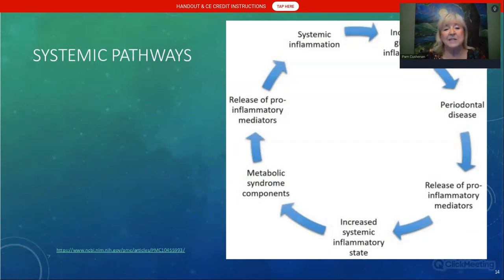So when we look at this particular scheme here, we see that there is a vicious cycle of inflammation going on, whereas there's an increased gingival inflammation, which over time leads to periodontal disease. This is going to release the pro-inflammatory mediators, which then increases that inflammatory state in the system. And that goes into the metabolic syndrome components that we're going to discuss further, which release pro-inflammatory mediators, and you've got a full systemic inflammation.